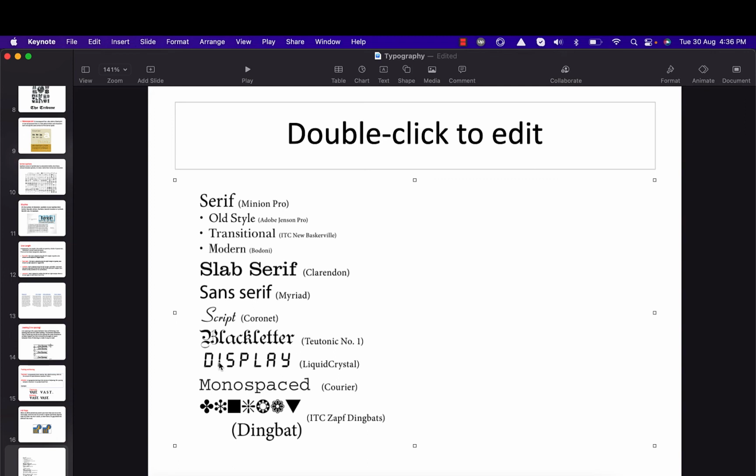Also, slab serif. Second option. Slab serif is actually a font name. Wait a minute. Let me check.